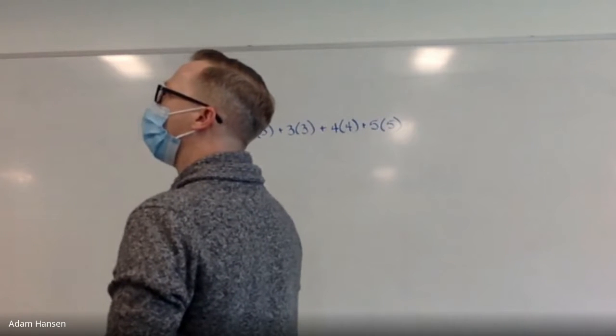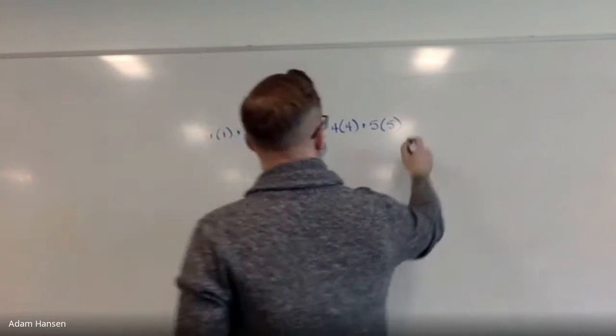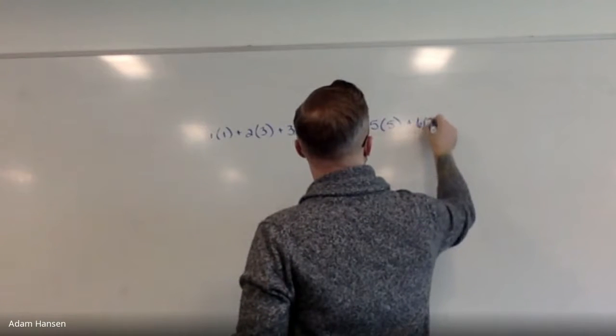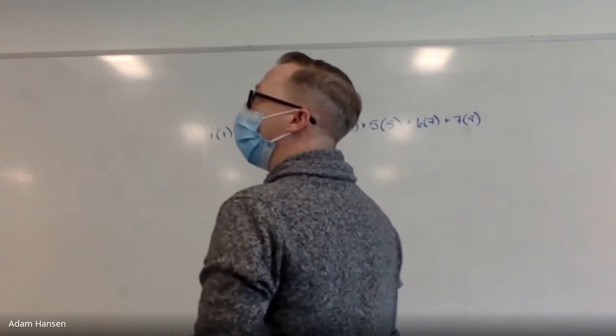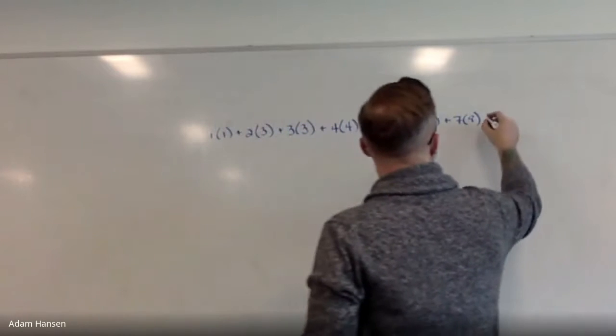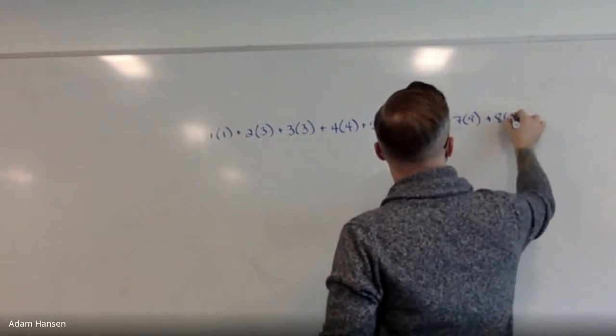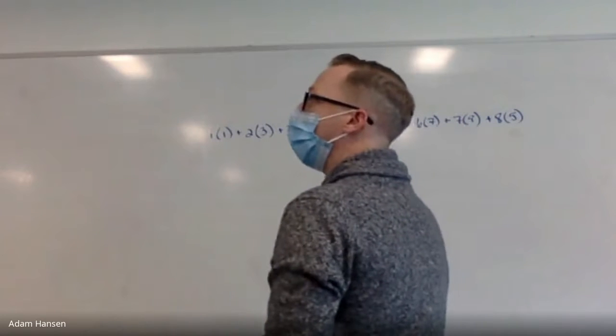And then 6, 7, 7, 9. Now I've got 8, 5. I'm not going to include 9, 0. 10, 2, and 11, 1.